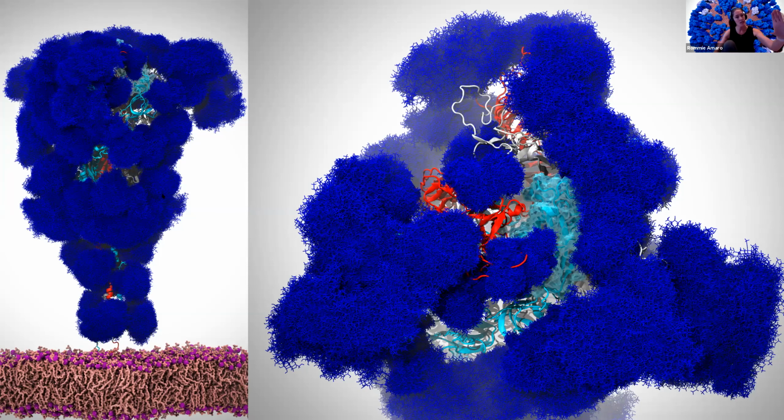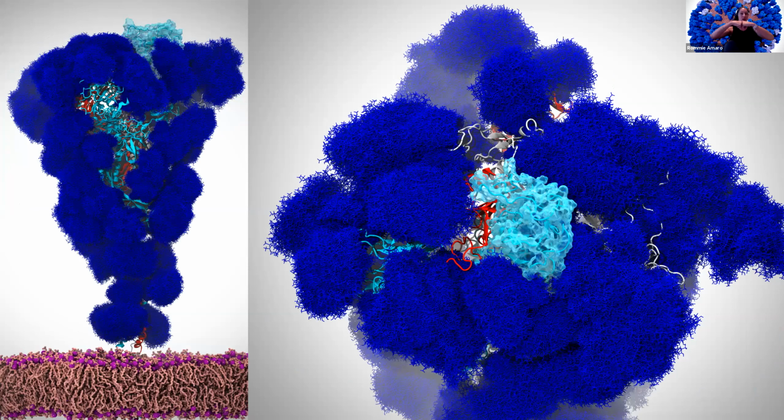This is looking again at the full spike protein with the glycans, from the top down. This is the closed form, what the host cell sees. You mostly see the sugar bits. In the open conformation, something also quite striking is how the receptor binding domain is up.